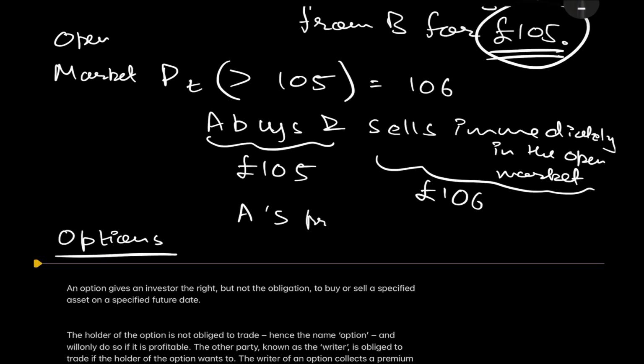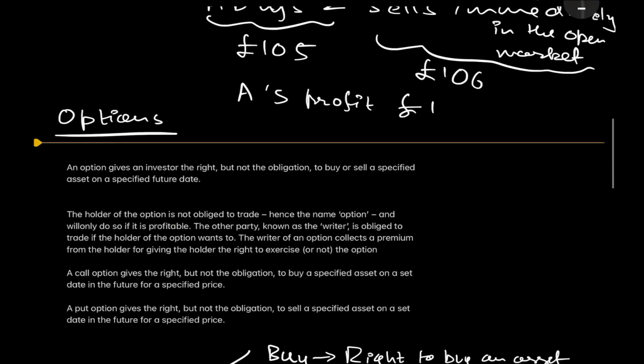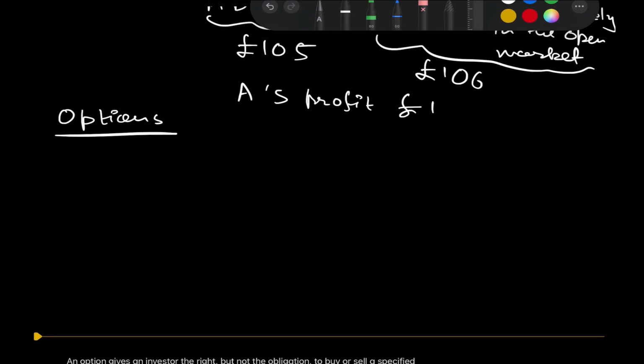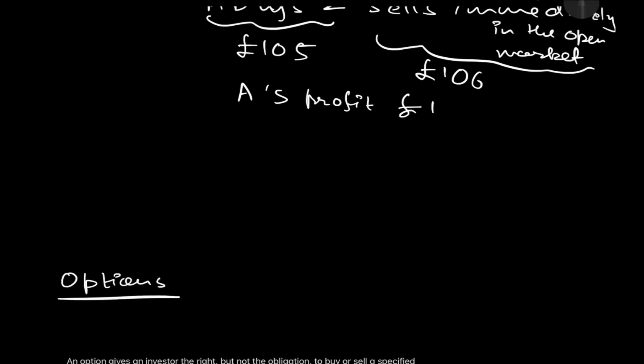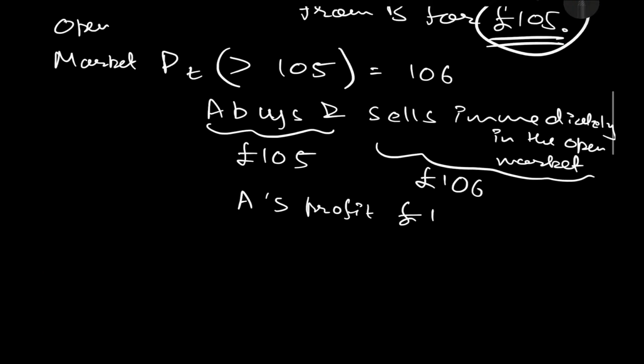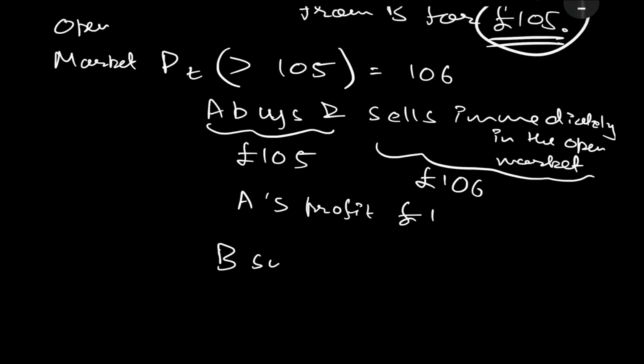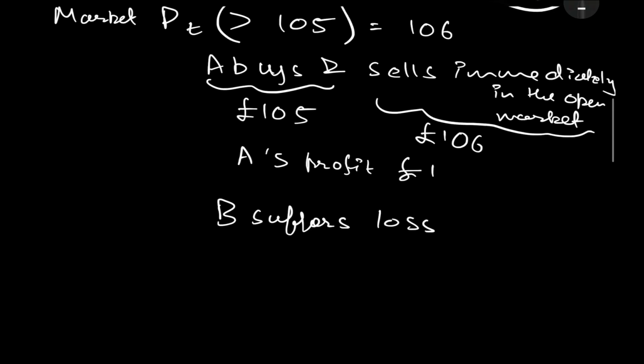A's profit will be 1 pound. So this is how a forward contract works. Basically, you decide upon a price at which the seller is going to sell the buyer the asset. And obviously B suffers a loss, because he or she will have to buy it from the open market for 106 and give it to A for 105. So the loss of B is equal to the gain of A.